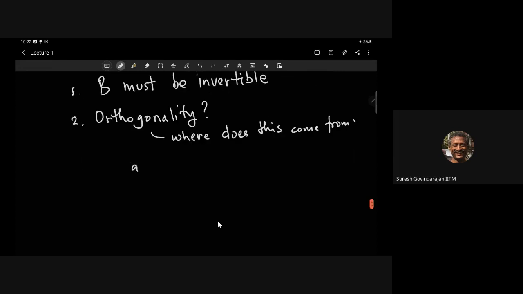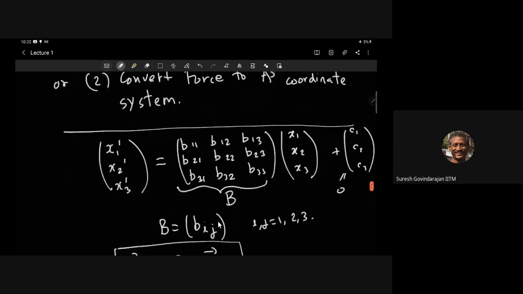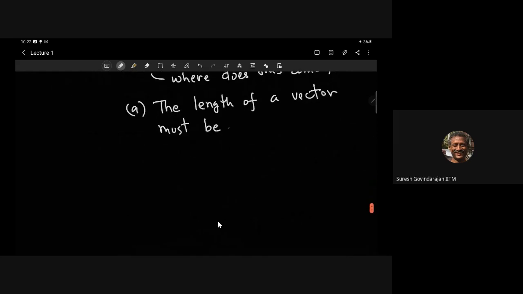So the partial answer is the length of a vector in both. We'll use the word frames now, okay? I'll use the word frames. That means A is a coordinate system and B is a coordinate system. Okay, but this is not enough.